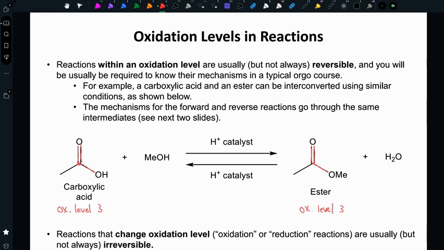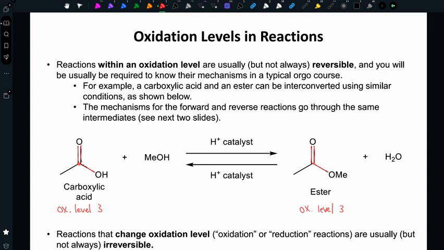When we see reactions that look like this, they are usually, not in every case, but they're usually reversible. And their mechanisms are things that we can understand using the curved arrow formalism that you've seen so far.